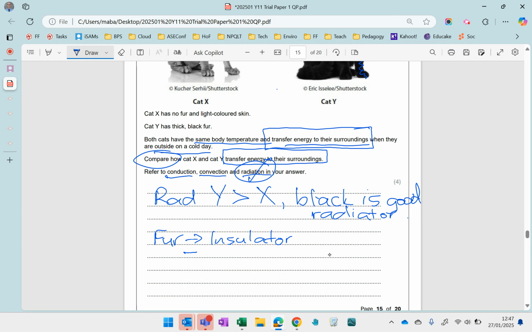It's because it traps lots of air, and air is a very poor conductor. So because cat Y has got lots of fur around it, if we're talking about conduction, cat Y is going to have less conduction to the surroundings than cat X. Why? Because it's covered in fur, which is an insulator. Fur traps air, and air is a poor conductor, therefore the fur is an insulator.